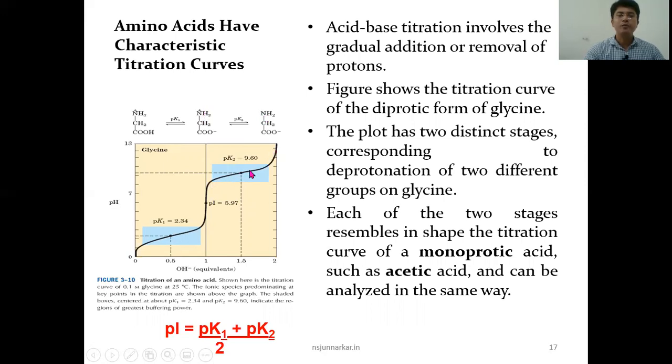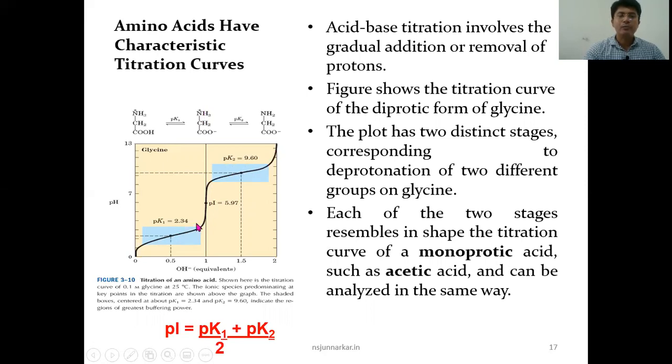A further increase in the pH results in deprotonation of glycine at the amino group. So the amino group now loses the proton, and you can see the pKa value for the carboxyl group in glycine is 2.34, whereas the pKa value for the amino group in glycine is 9.6.